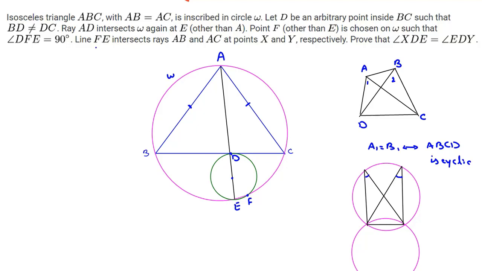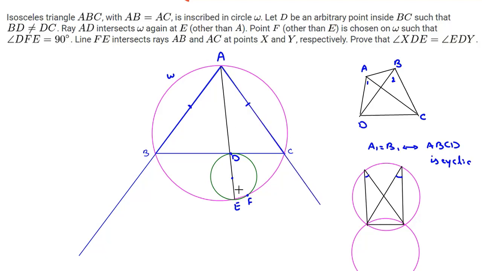The rest of the problem: line FE intersects rays AB and AC at points X, Y. So let's extend AB and AC. It will be some point like this. And this one we should extend only like this. Okay?